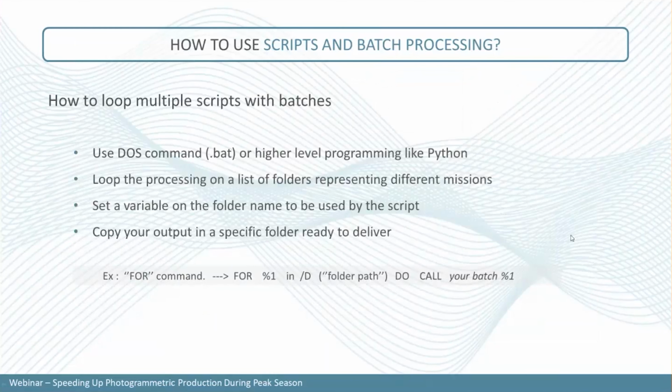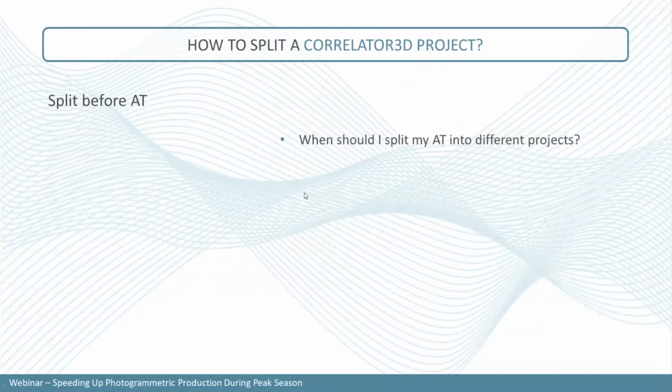So now that we've seen a bit how you can manage multiple scripts at the same time, let's see how you can split a Correlator 3D project based on the project type that you have. There are different ways you can process a project.